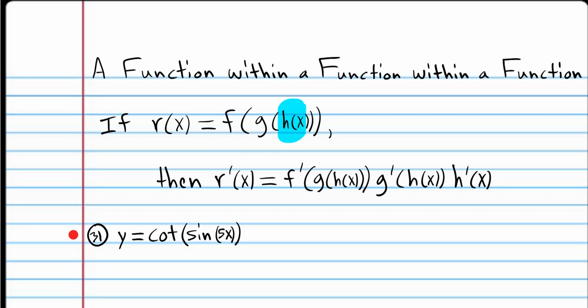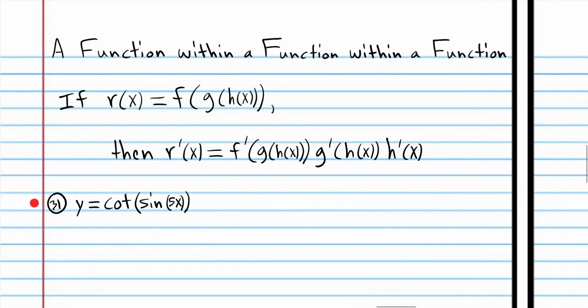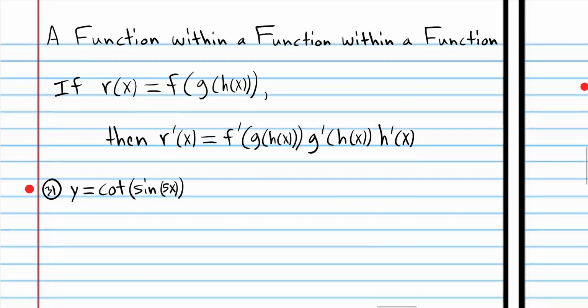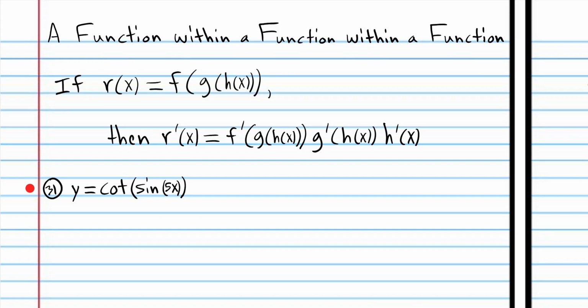And in that situation, again, you're going to use the chain rule twice. You don't really have to memorize this formula because, again, it's just using the chain rule more than once. But if you found the derivative of that expression, you would use the chain rule once by taking the derivative of the outside function and keeping the inside function unchanged, and then multiplying by the derivative of the inside function.